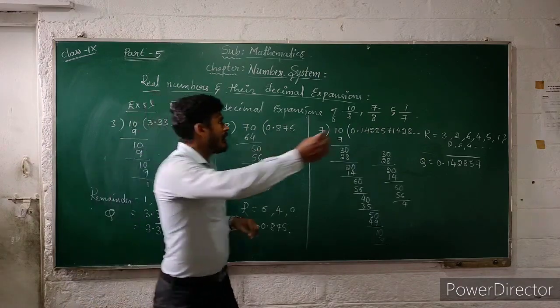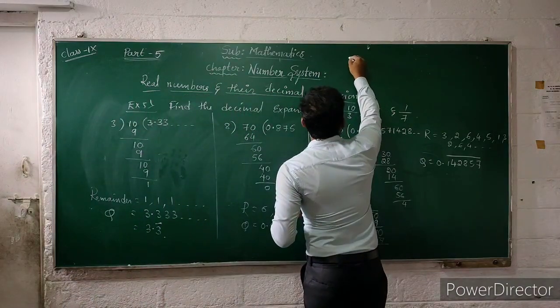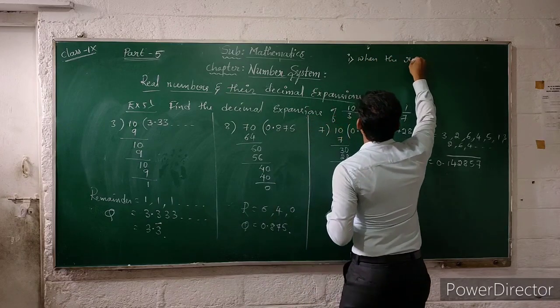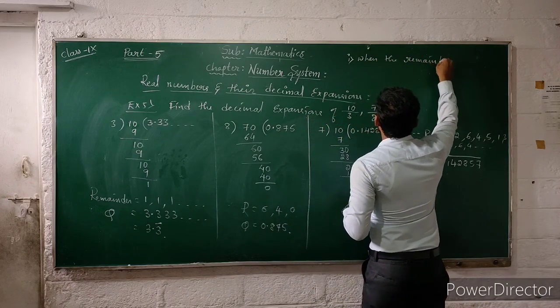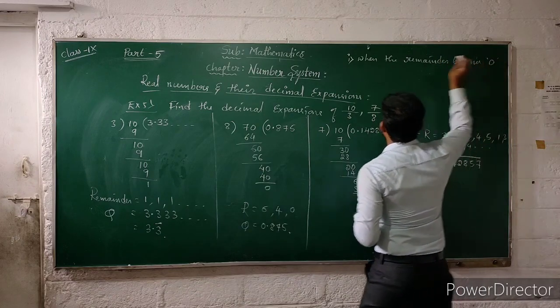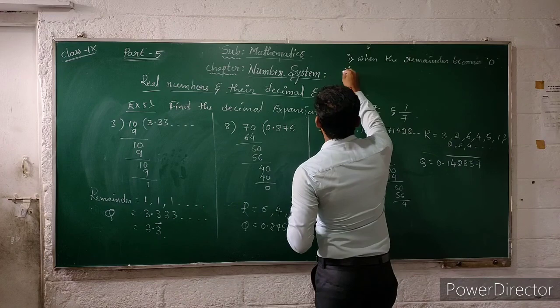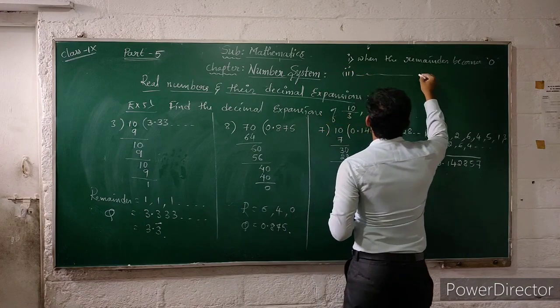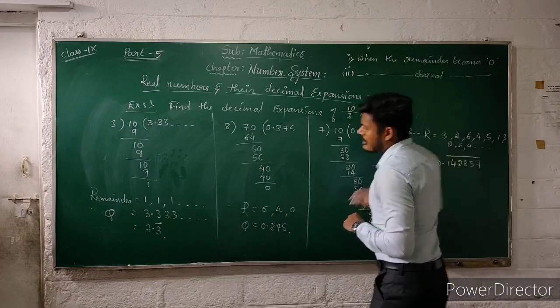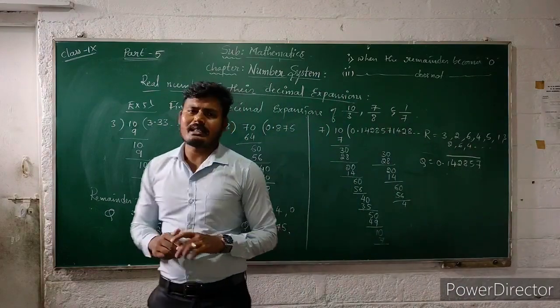So I will write it here. First, when the remainder becomes 0 is the first case. Second, when the remainder does not become 0. So these are the two very important cases.